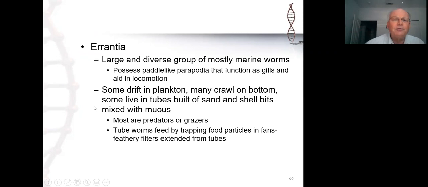The vast majority of them crawl, but a few of them do live in tubes that they create themselves by taking sand and shells and gluing them together with mucus to form a tube-like arrangement around the outside of them. They are either predators or grazers to a large degree, but those that live in tubes are often filter feeders.